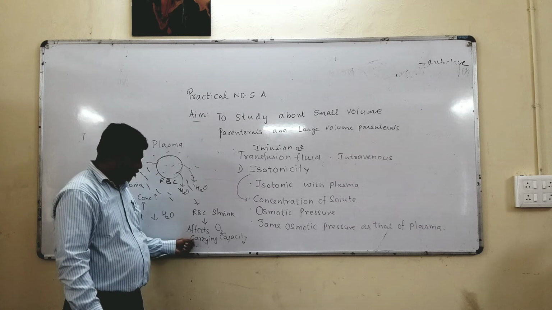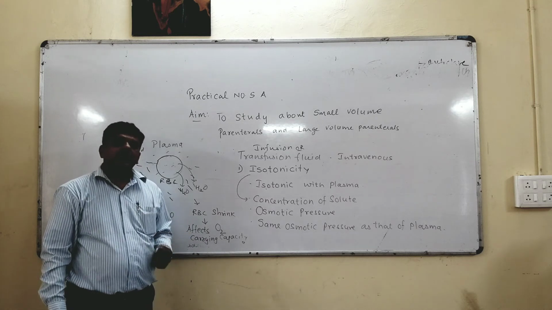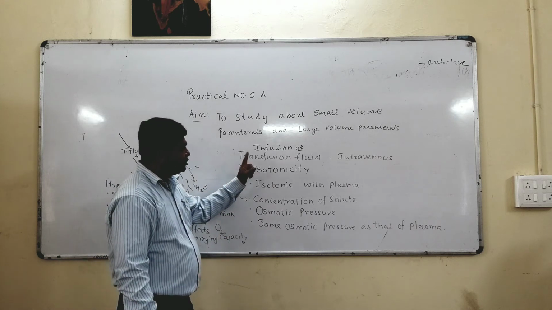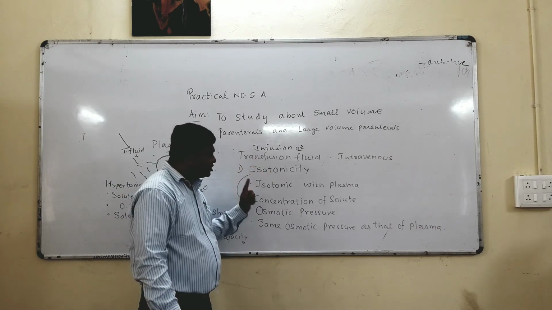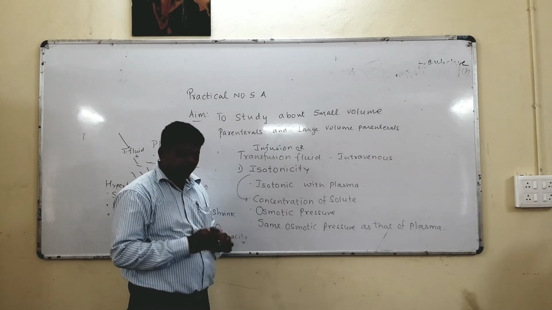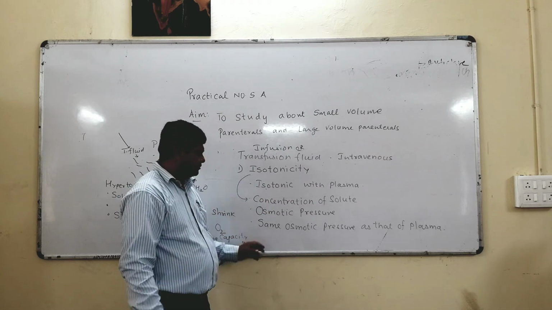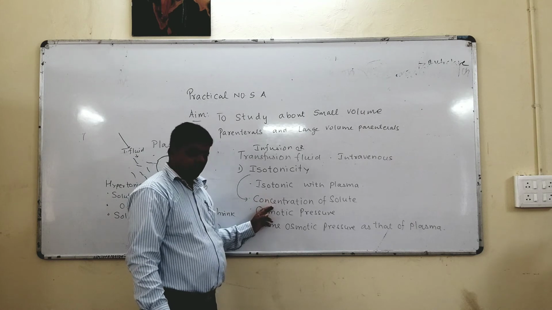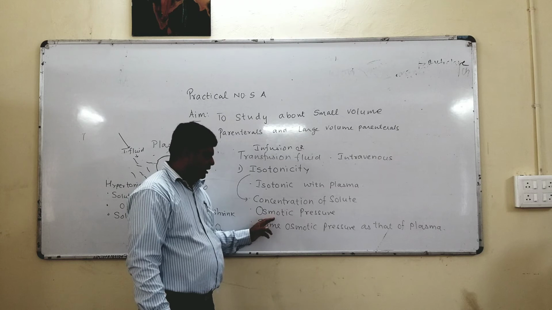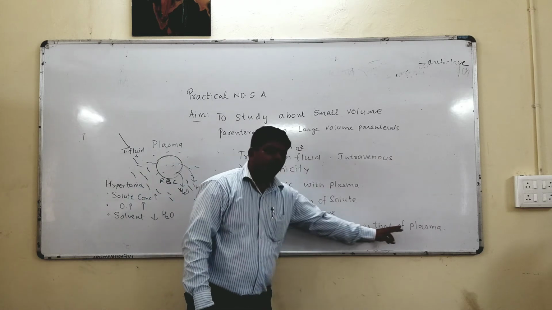And that's why it is required that transfusion fluid must be isotonic with plasma. So isotonic means concentration of solute and osmotic pressure is same as that of plasma.